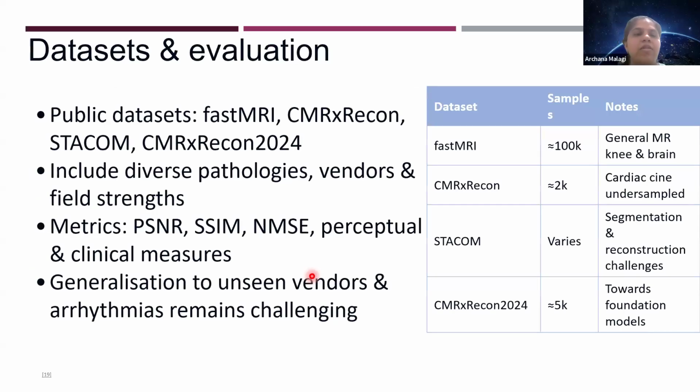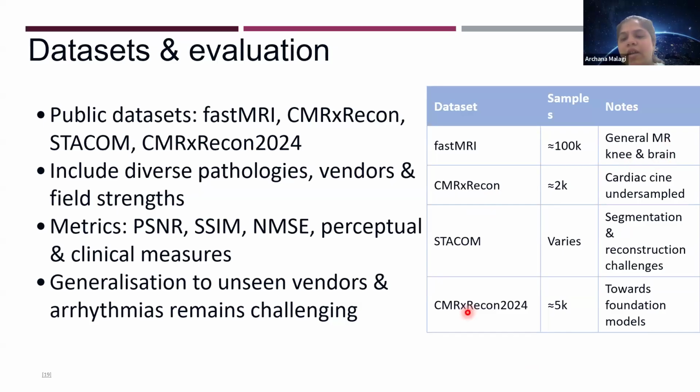Now, how are you able to get freely available data sets? There is fastMRI, where there are more than lakhs of images. It consists of knee and brain images.